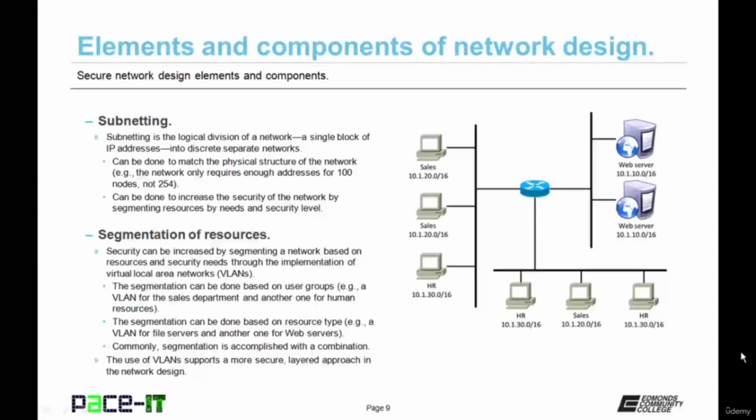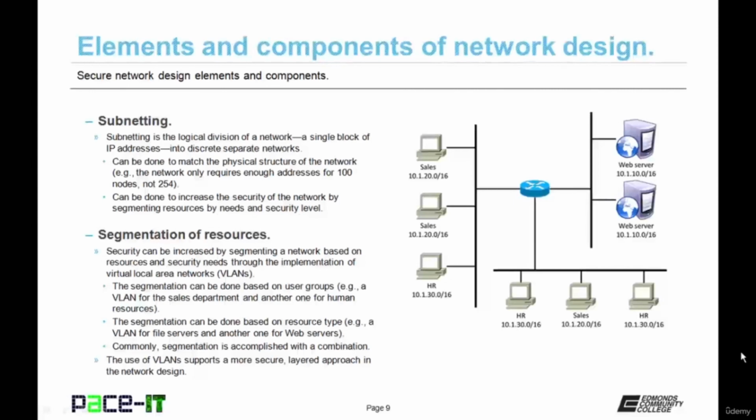Since I just brought up segmenting of resources, let's talk about that a little bit more. Security can be increased by segmenting a network based on resources and security needs through the implementation of virtual local area networks, or VLANs. The segmentation can be done based on user groups, as in a VLAN for the sales department and another VLAN for human resources.